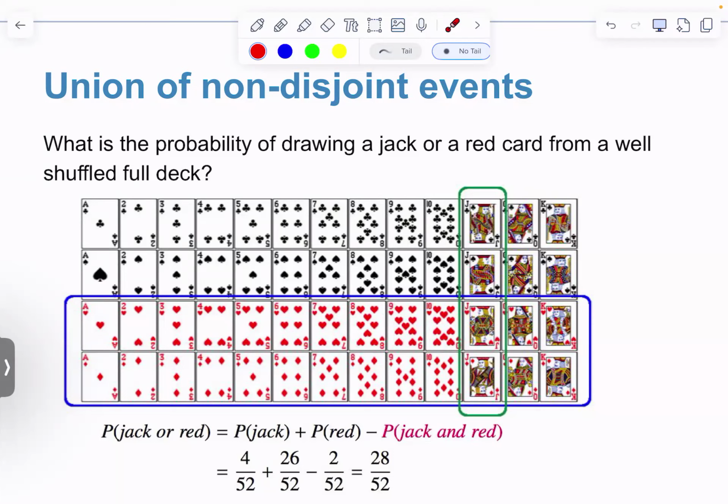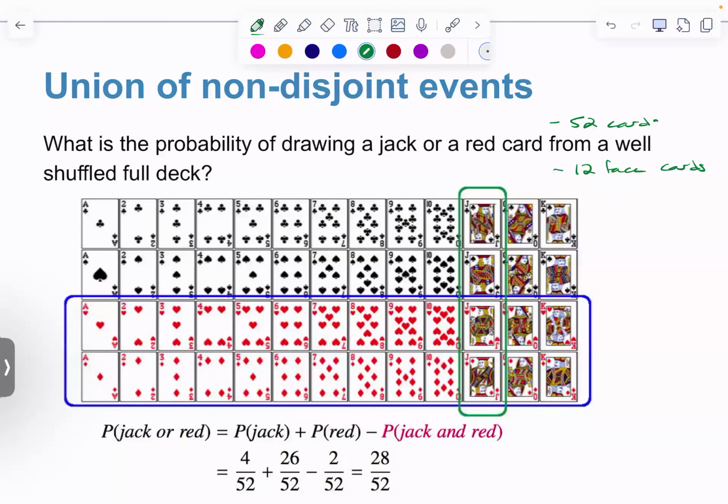But in general, what are some deck of card facts? These are all face cards, because they have a face on them. In fact, there are 12 face cards in a deck of cards. How many total cards? 52 cards.